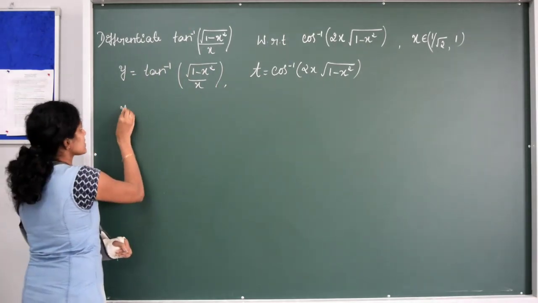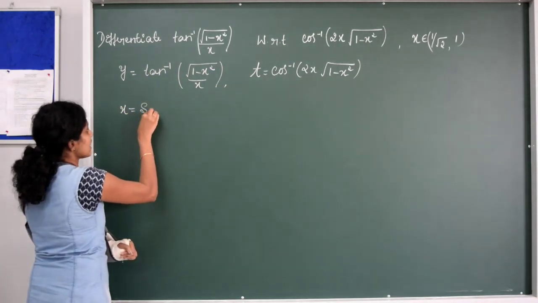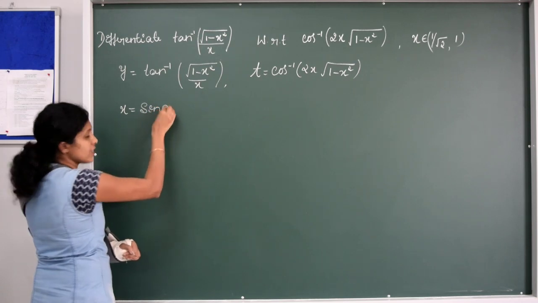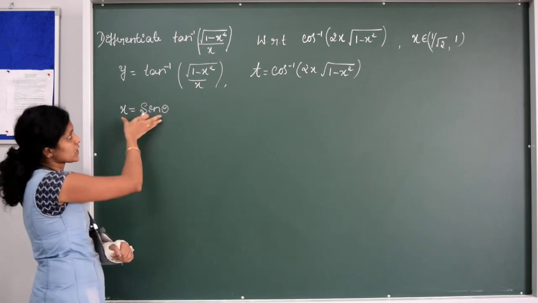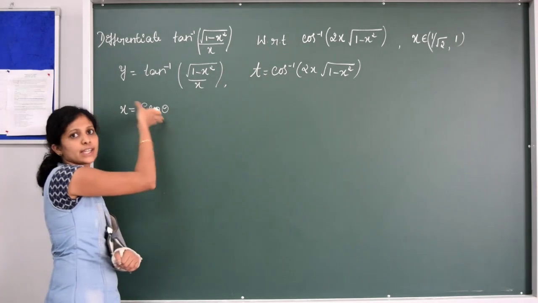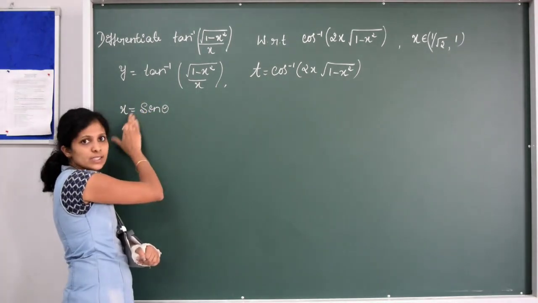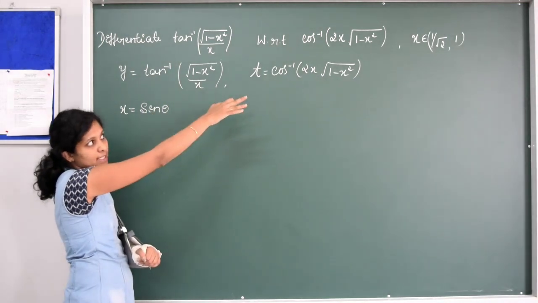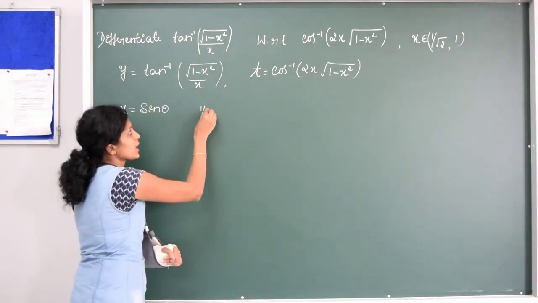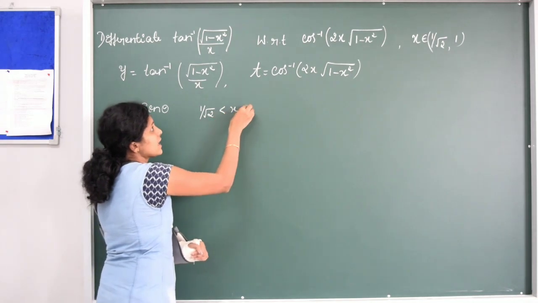Let me consider the substitution x is equal to sin theta. Similar problems we have solved in inverse trigonometry. There I have not explained why we have to give the substitution x as sin theta, because it is not necessary, but you should know why we can give this as sin theta: because the value of x is between 1 by root 2 less than x less than 1.